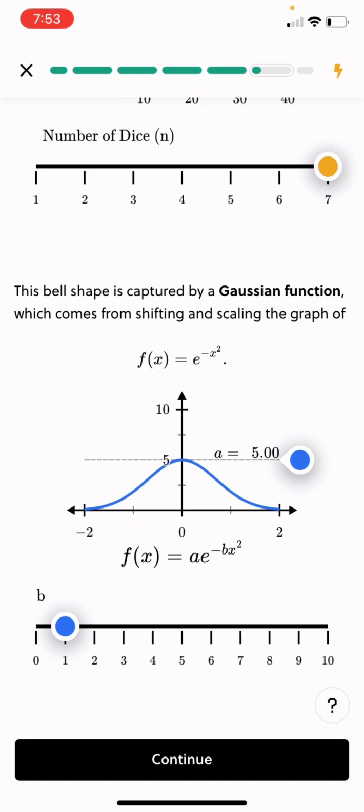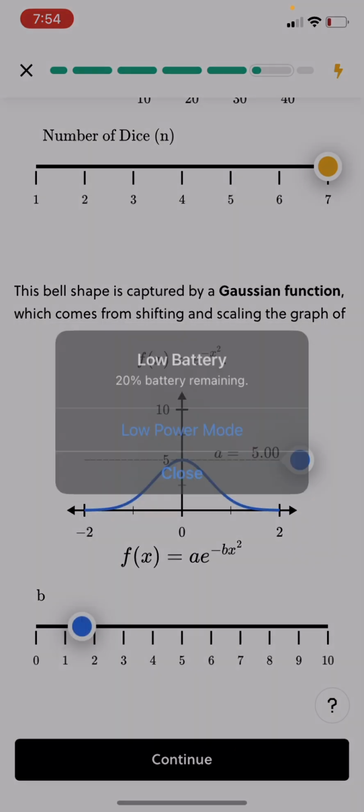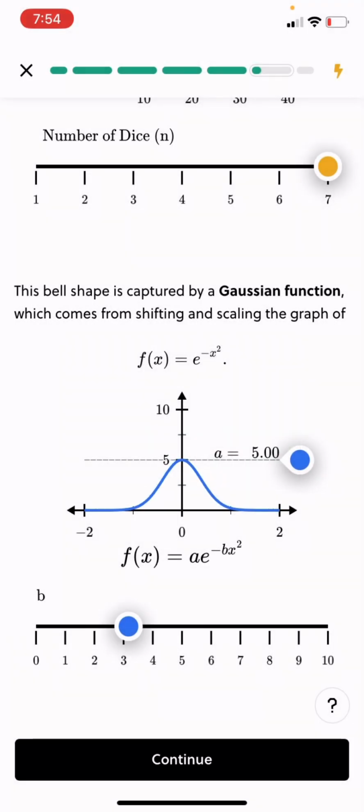Okay, so next. The bell shape is captured by a Gaussian function, which comes from shifting and scaling the graph of the function f(x) = e^(-x^2). It also has a bell shape in this equation too.